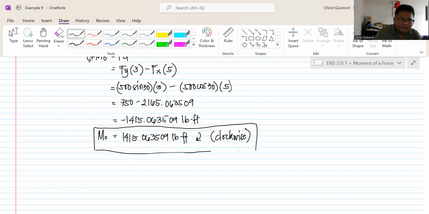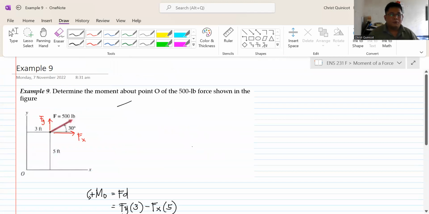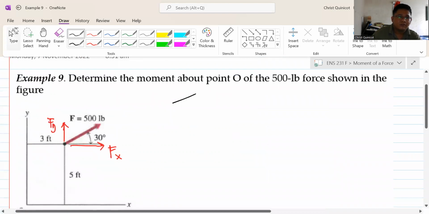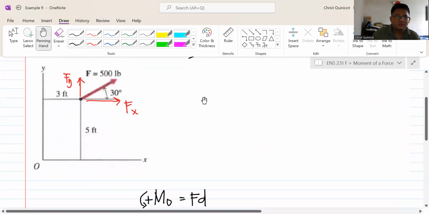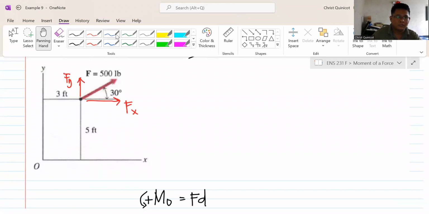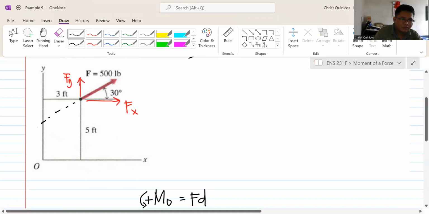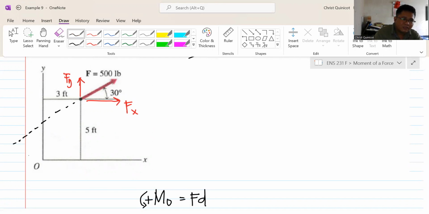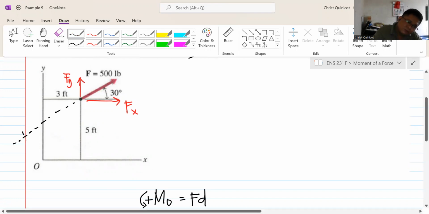We can always follow the original definition of moment, and that is we multiply our force 500 by its perpendicular distance rather than resolving it into its y and x components. So we simply follow the line of action of our F, and then we create a line that passes through point O and is perpendicular to, or bisects, the line of action of our 500.